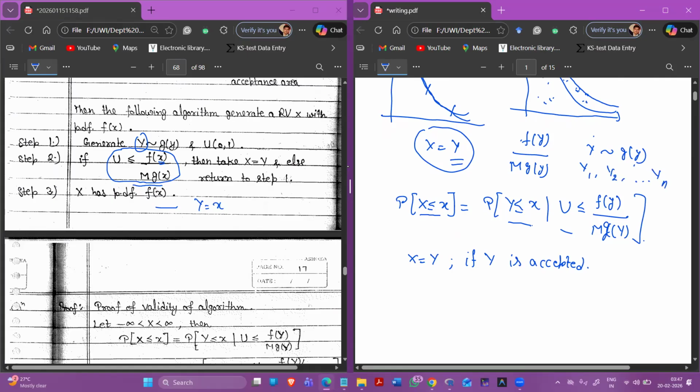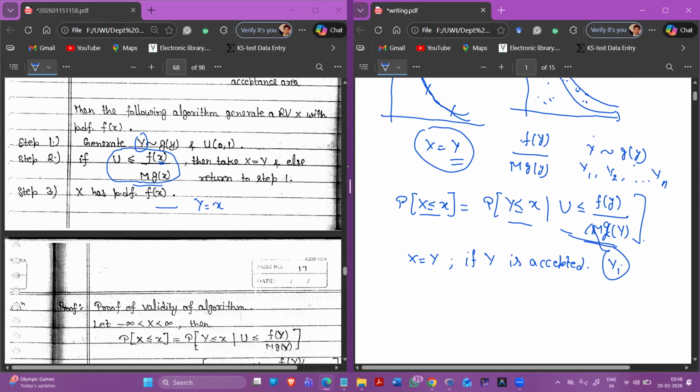So y_i I will accept if it satisfies this condition. That's why I replace X less than or equal to x with the probability Y less than or equal to x, given that the sample y is accepted. What is the meaning of the given term? It means that the sample is accepted.